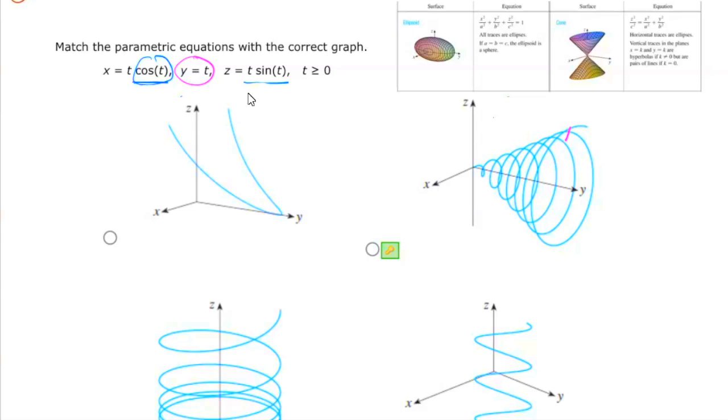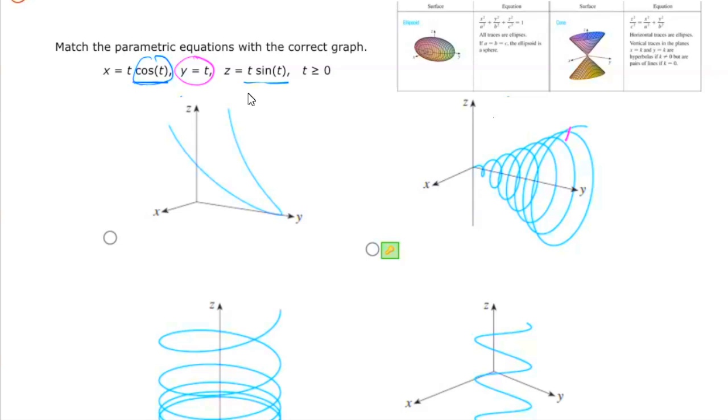So it's going to be a circle, but with t as the radius, right? But then as t increases, you're going to see a circle when you look at the xz plane. So imagine that wall there is the xz plane. So look that way, you should see a circle. This one here, if you look that way, is it all circles?